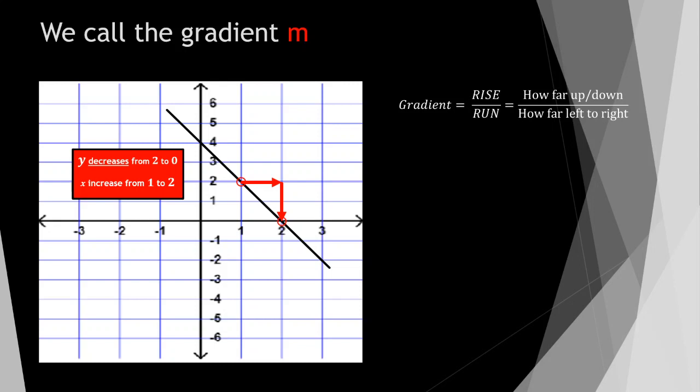And we remember that the gradient was rise over run, and then we ended up getting a little answer like this. Now, as you can see at the top of your screen, we call the gradient m. So we're not really learning anything new here. We're just saying that when we find the gradient, we can say that the gradient equals -2 or m equals -2.